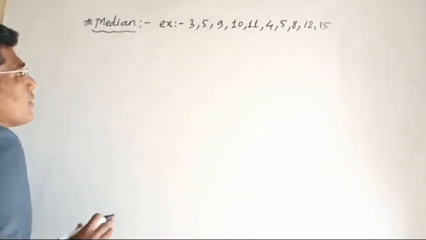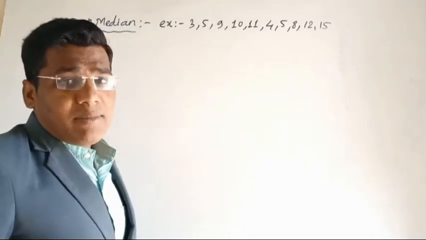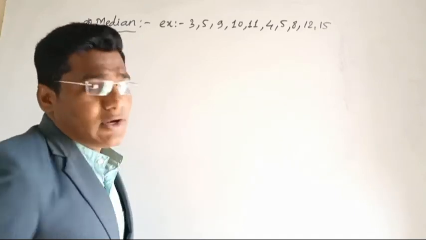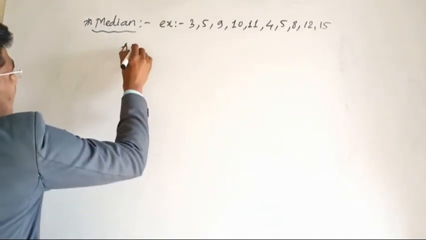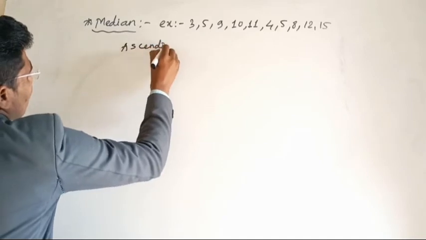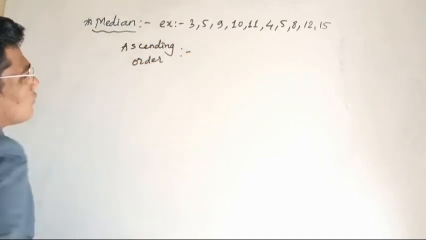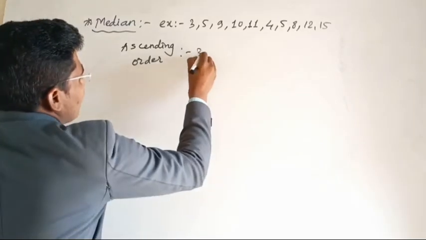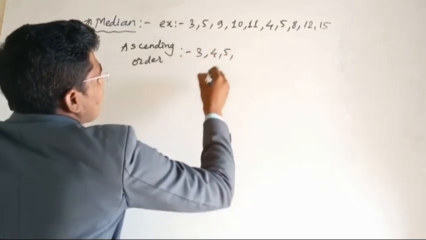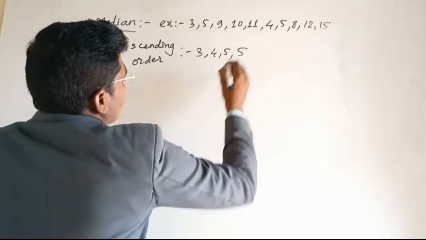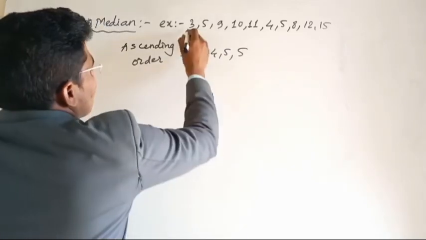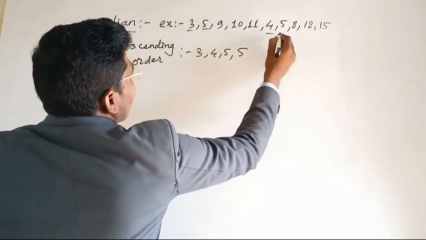So first of all, we have to arrange them in ascending or descending order. I am going to arrange them in ascending order. So the first number will be 3, then 4, then 5, again 5. There are two 5s, that's why 3, 4, 5, 5.